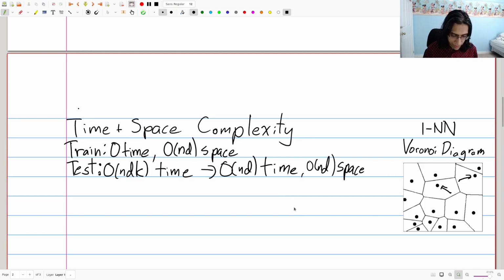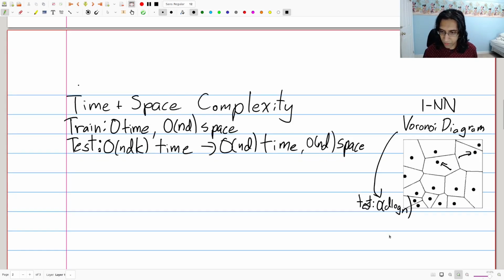So what can we say about this approach? Well, this is faster in the sense that the lookup time, the test time, for the Voronoi diagram would be O of d log n. This is much faster.